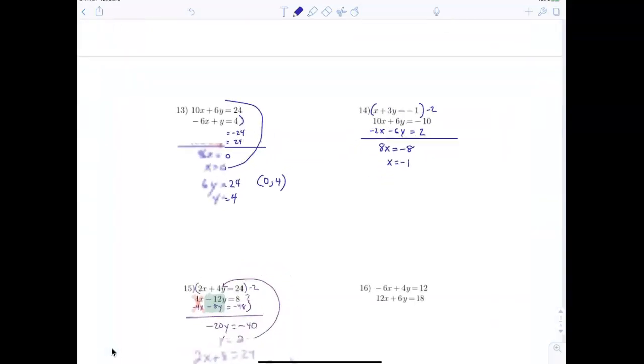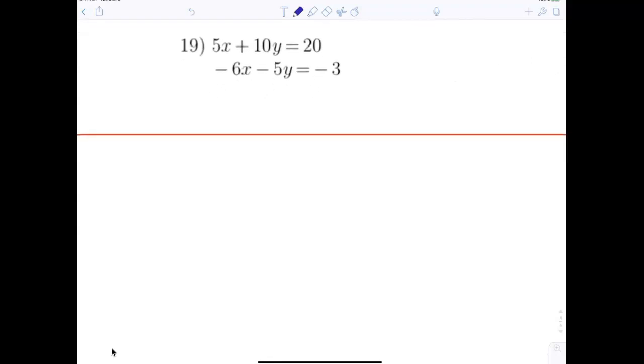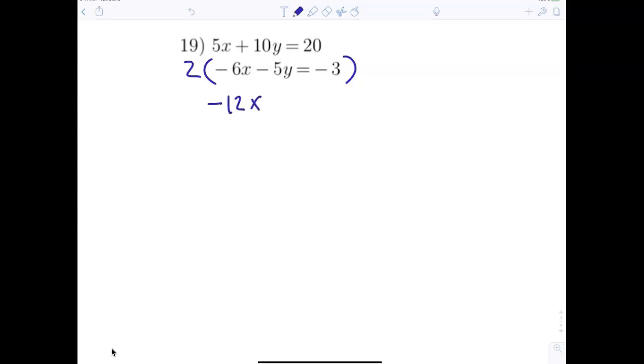19. Here we go. So what do you think I have to do on this one, Morty? Multiply the bottom by 2. That gives me -12x minus 10y equals -6. 5x plus 10y equals 20.